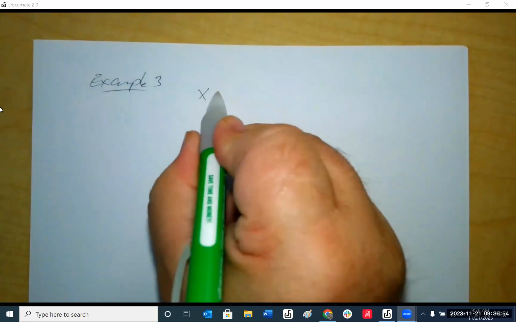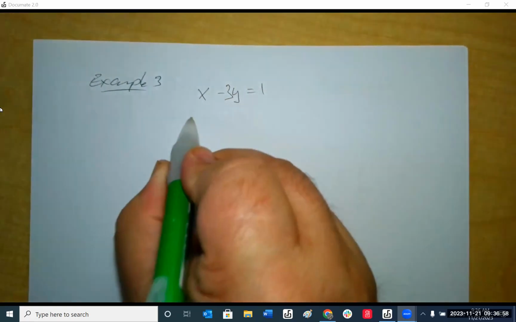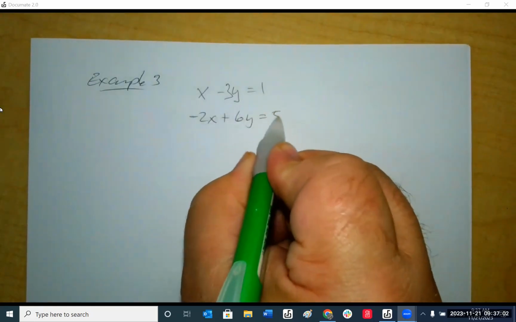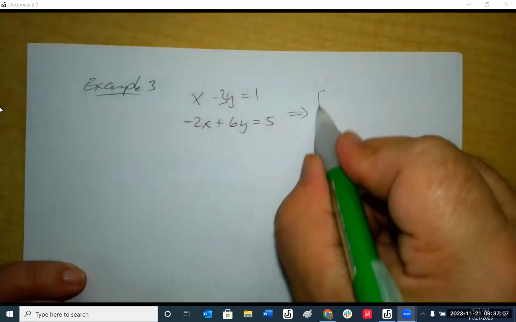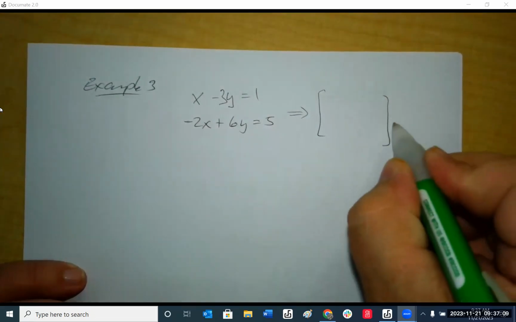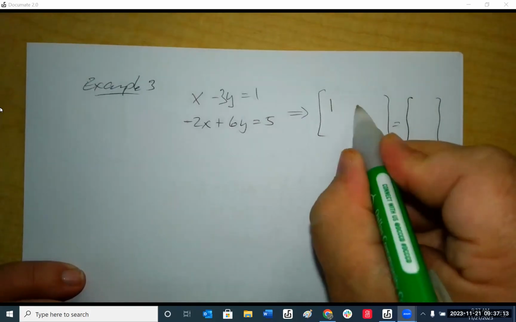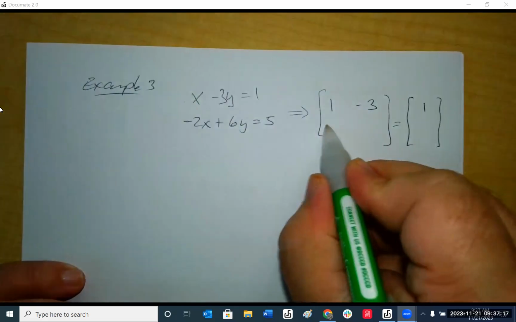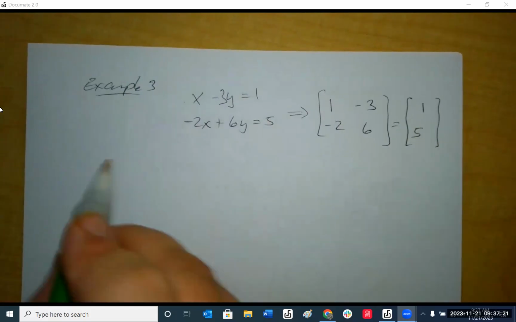We had x minus 3y equals 1. Negative 2x plus 6y equals 5. We have 1, negative 3, 1 coefficients. Negative 2, 6, and 5.